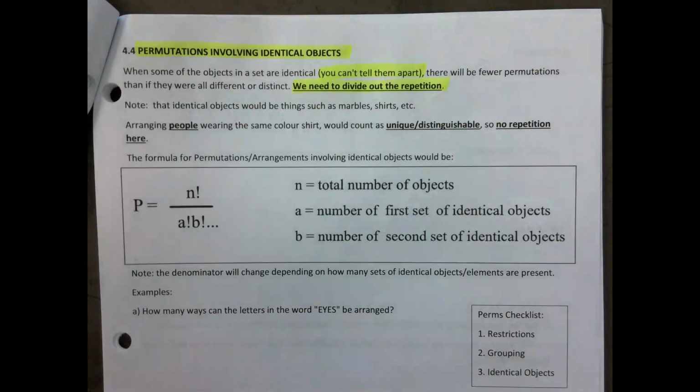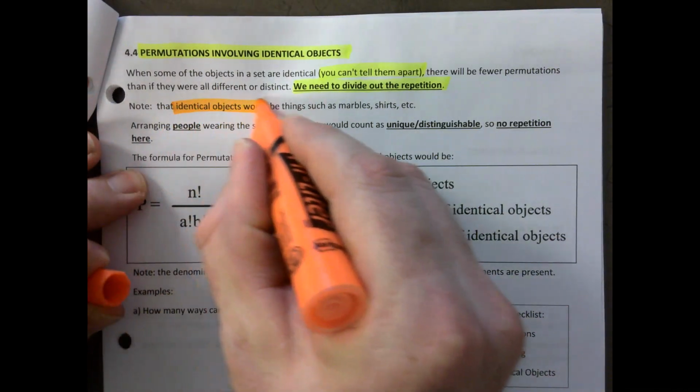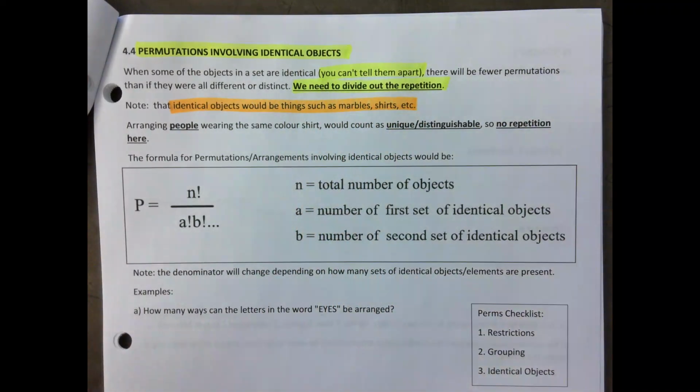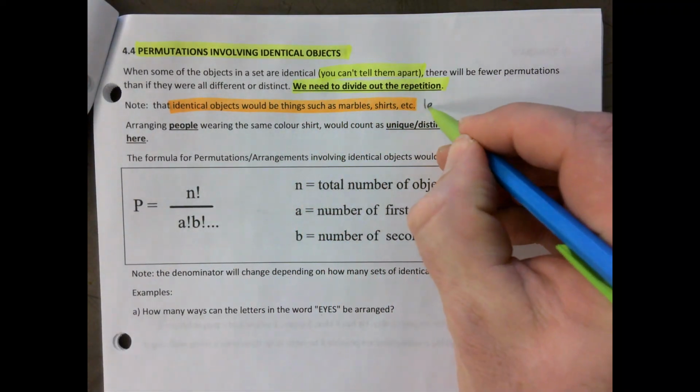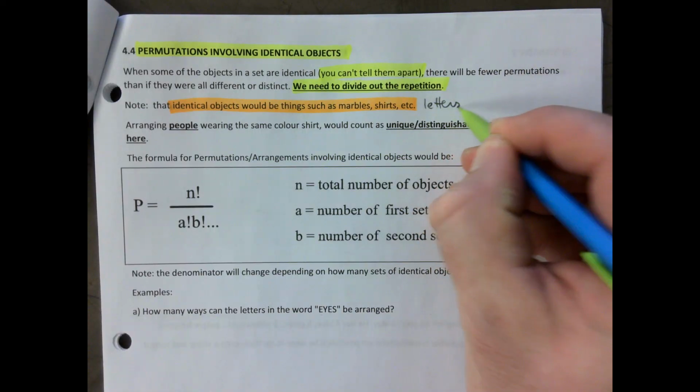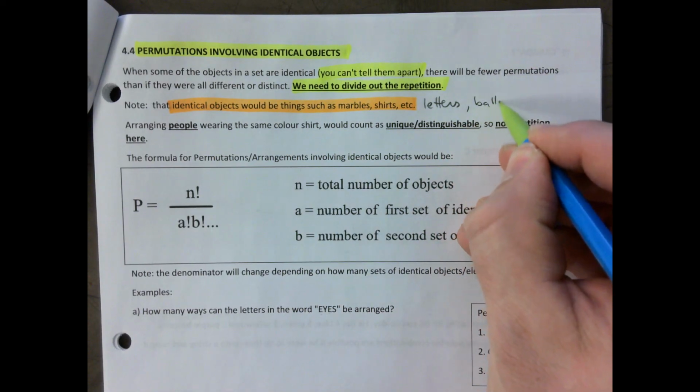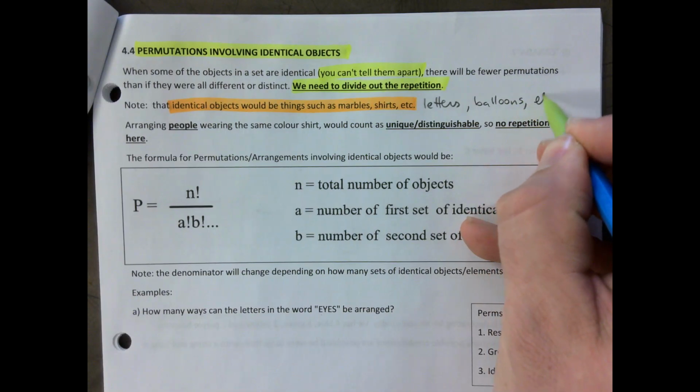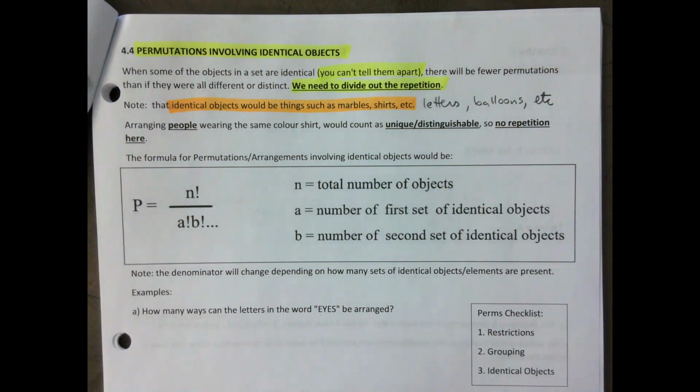So I'll say this. Identical objects would be things such as marbles, shirts, letters, balloons, etc. Would people wearing red shirts be identical? If the question said people wearing red shirts, you might think, oh, they're all wearing red shirts, but then you have to think they're people, right?